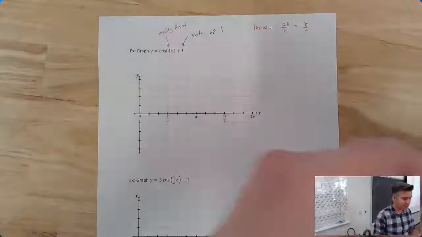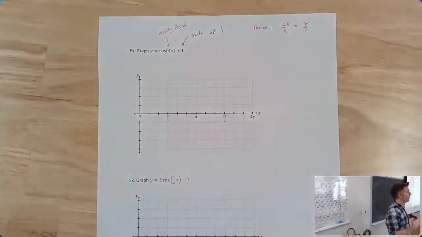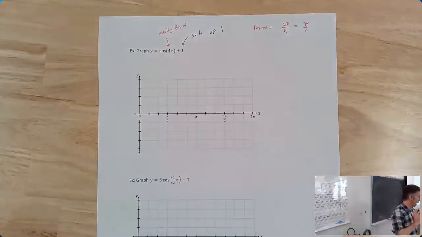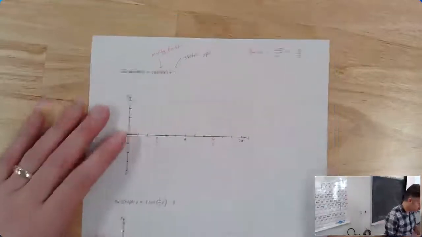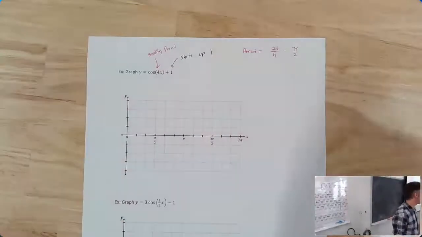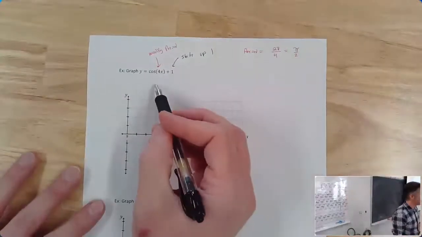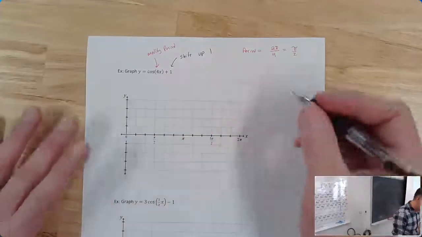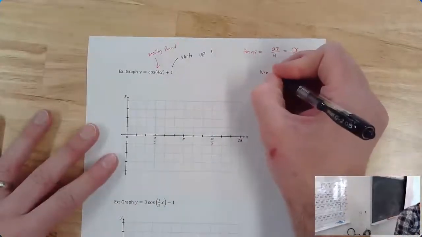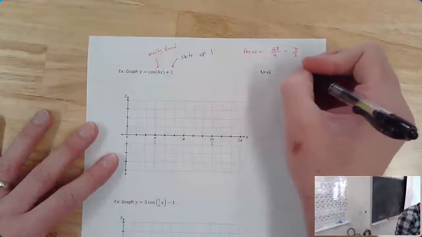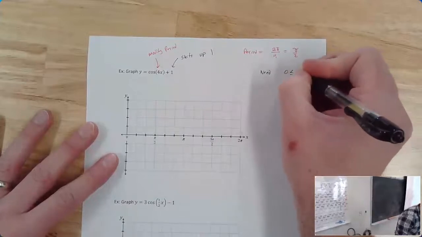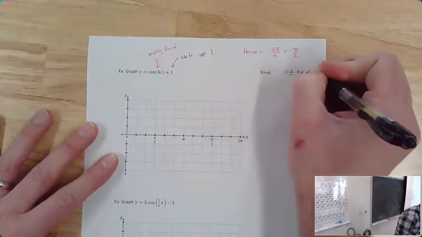So the whole idea is that we need to make a full revolution, or a full journey through the angles from 0 to 2 pi, or 0 to 360 degrees. Here's what's happening. Our angle now isn't x. Our angle is the thing we're taking cosine of, which is 4x. So what we need is for our angle to go from 0 to 2 pi.